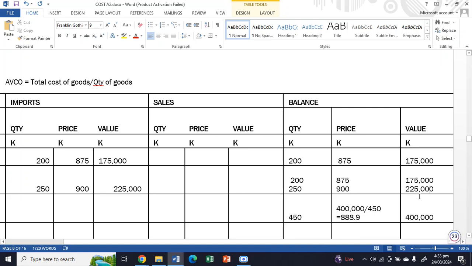So the total cost of all the goods combined together is 400,000 kwacha. We want to find the average cost of each of the goods. If you do 400,000 divided by 450, our average cost is 888.9 kwacha. That is the average cost of the goods.